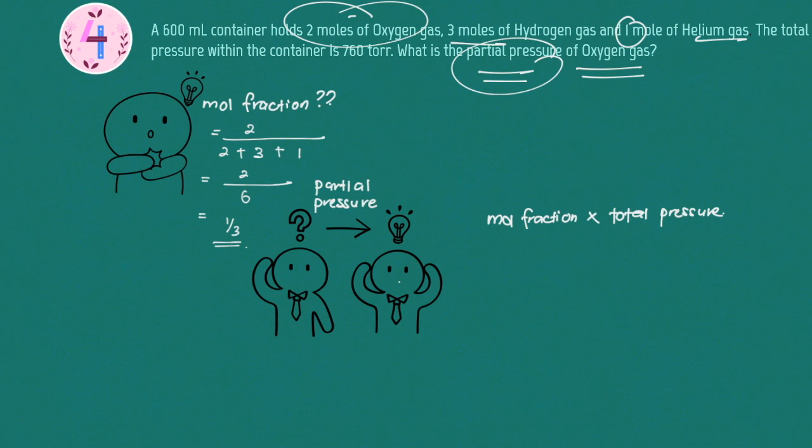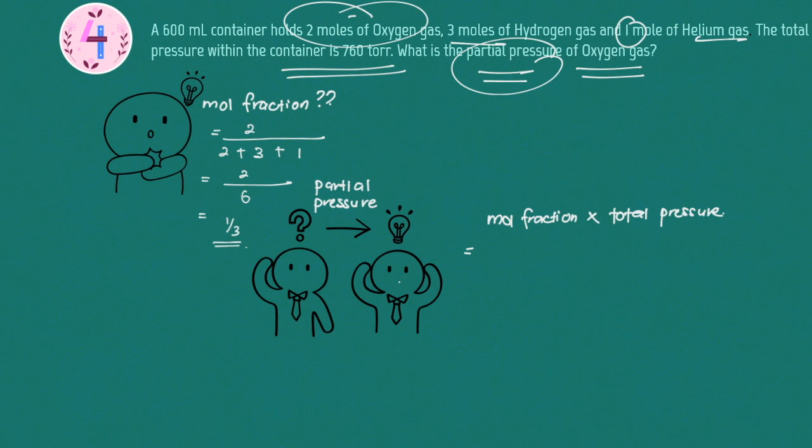In this question, the total pressure given to you is 760 torr, and if you look at the choices of answers given to you, they are in torr as well. So definitely you do not need to convert the 760 torr to atm. But in case you were asked to calculate it in atm, you need to convert it beforehand.